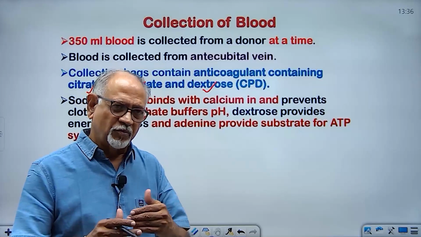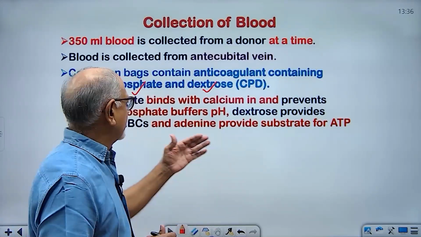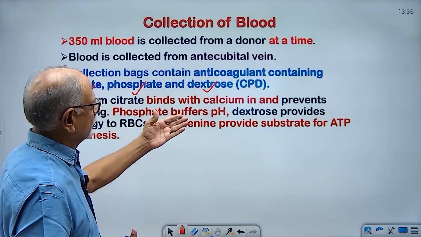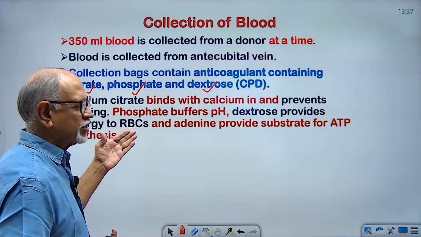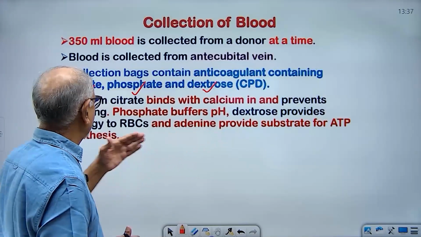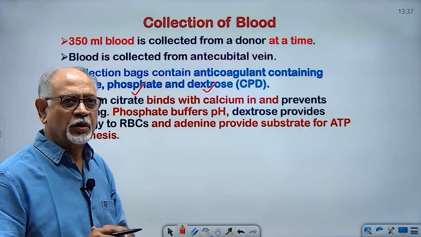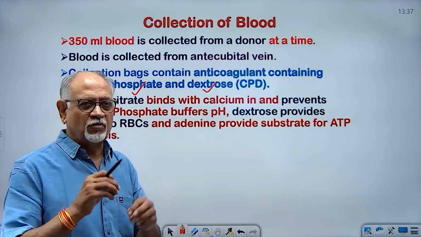So, for preventing the blood from clotting, the calcium needs to be bound. Then phosphate buffers the pH, dextrose provides energy to the RBCs, and adenine provides substrate for ATP synthesis. All these are present in the plastic bag in which blood is collected.